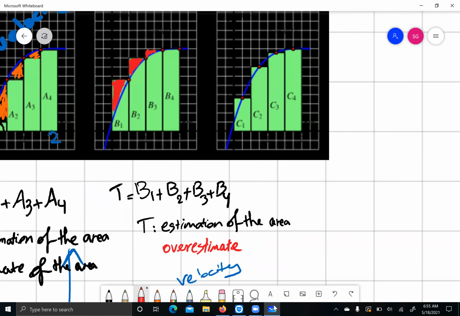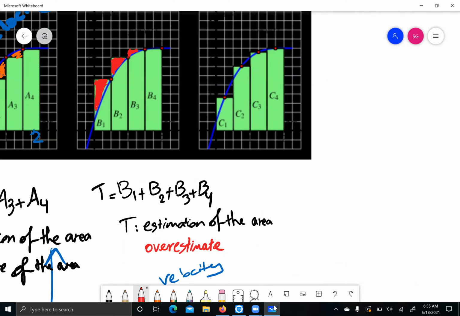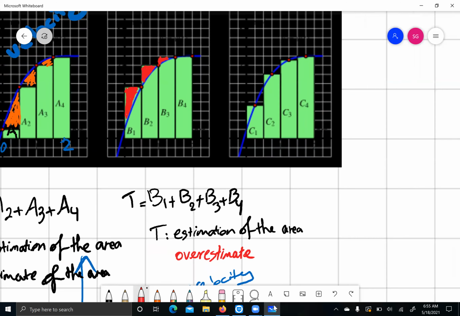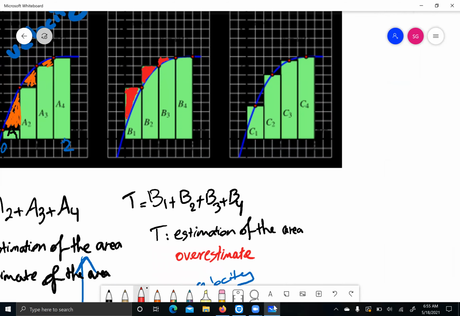In the last diagram, again we are drawing 4 rectangles, but it's different from the other 2. For example, look at C1 and C2. It's a combination of overestimation and underestimation.